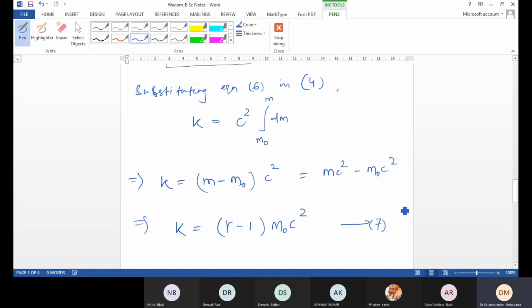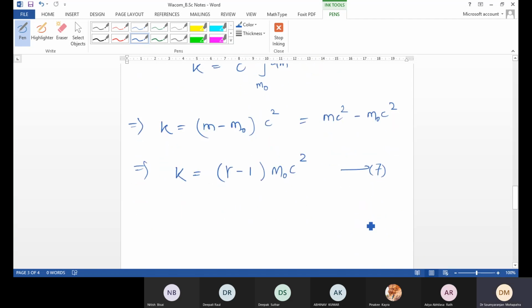So equation number 7 is the relation of kinetic energy of a particle, the relativistic kinetic energy. Now if you substitute this gamma value, I can write this K as m naught c square times 1 minus v square by c square to the power minus half, minus 1. This is equation 8.